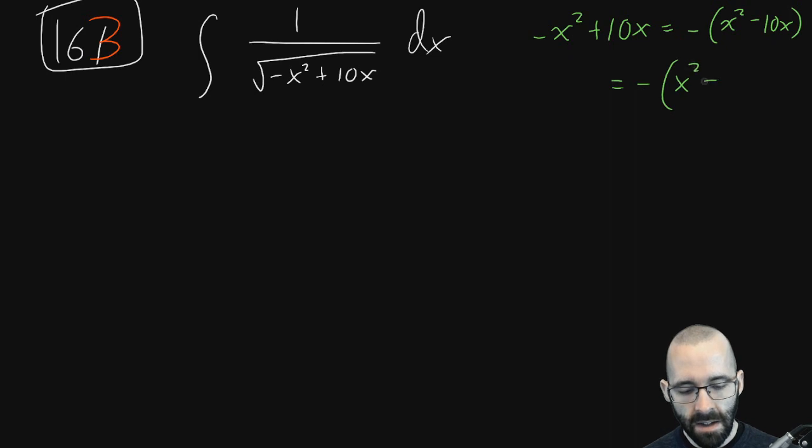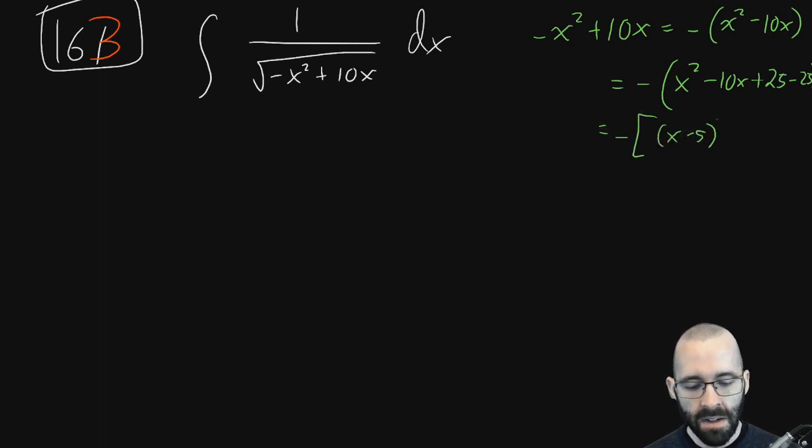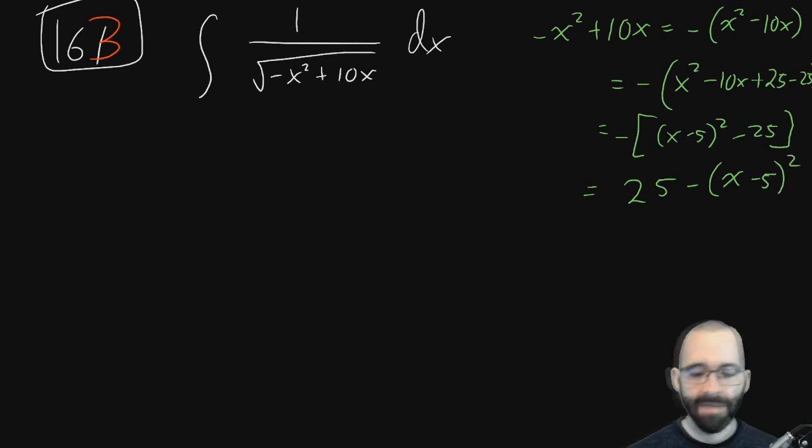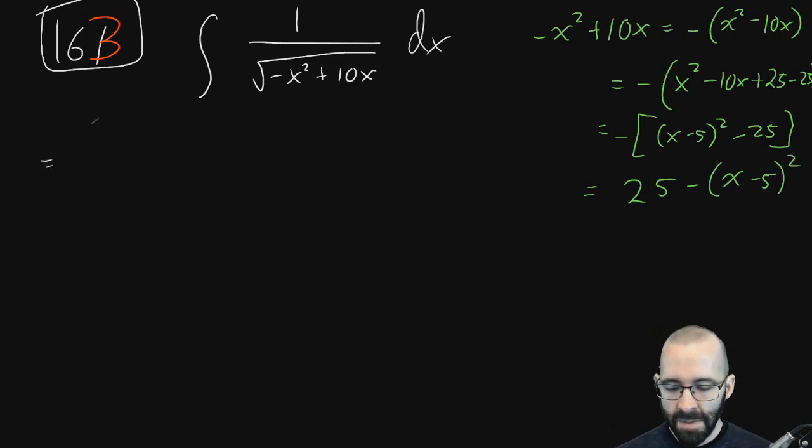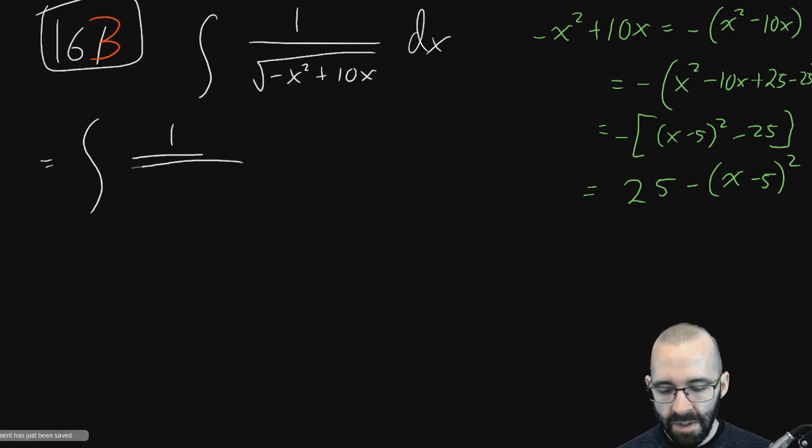So we need to add a 25. And if we add a 25, we need to subtract the 25. And that gives us negative x minus 5 squared minus 25, which is 25 minus x minus 5 squared. So this becomes the integral of 1 over the square root of 25 minus x minus 5 squared dx.